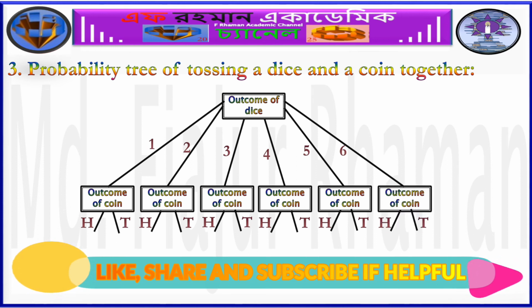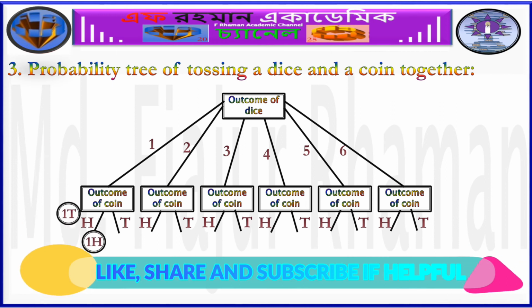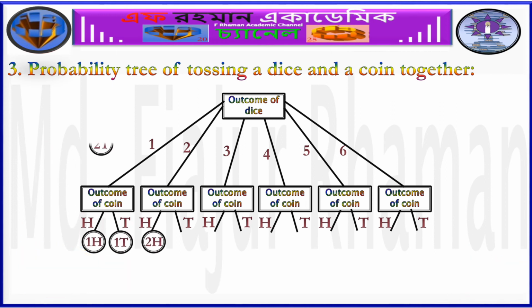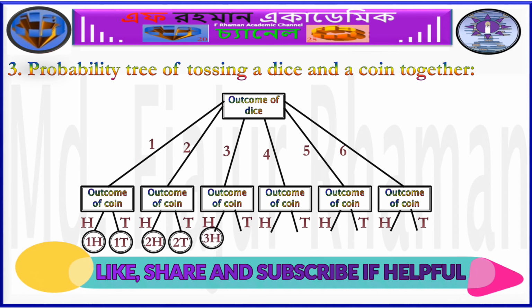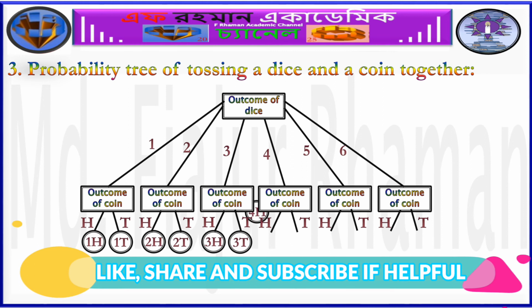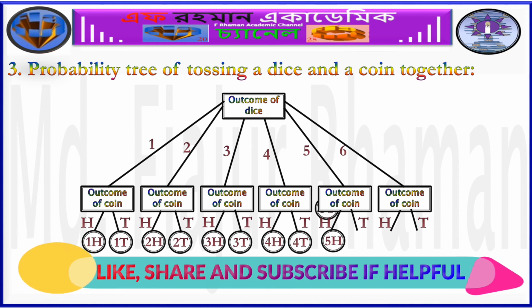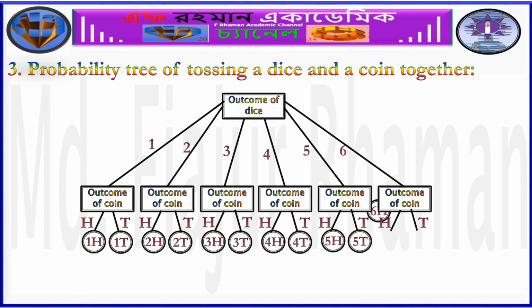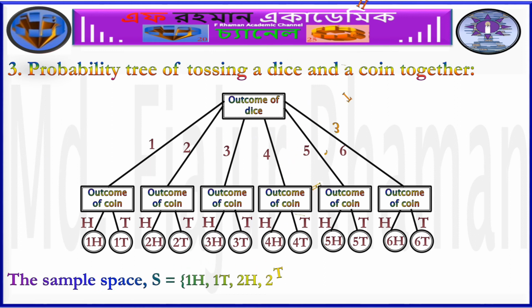Thus, we get the outcomes 1H, 1T, 2H, 2T, 3H, 3T, 4H, 4T, 5H, 5T, 6H, 6T. From this diagram, we can easily write the sample space. S is equal to set of 1H, 1T, 2H, 2T, 3H, 3T, 4H, 4T, 5H, 5T, 6H, 6T.